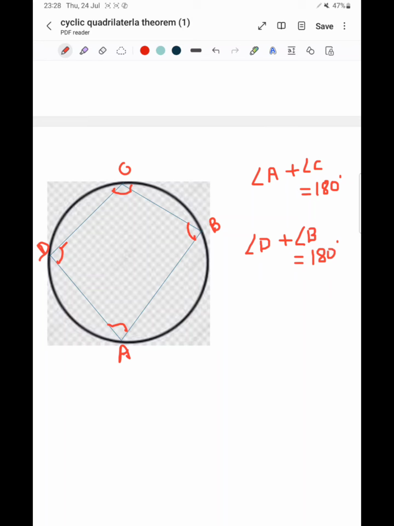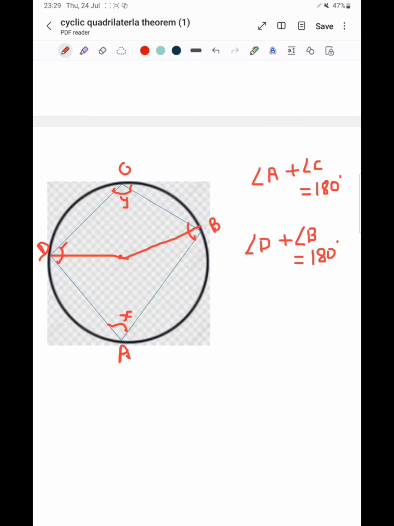Now I will take a point which is the center of this circle, and join these 2 points here. Let's say this angle is x, and this angle is y.